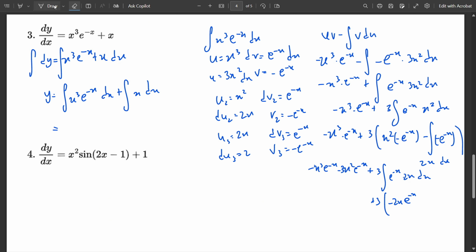So we have positive integral 2 e to the negative x dx, right?